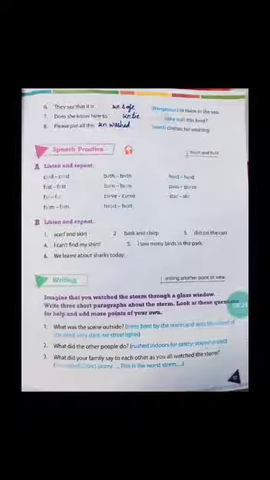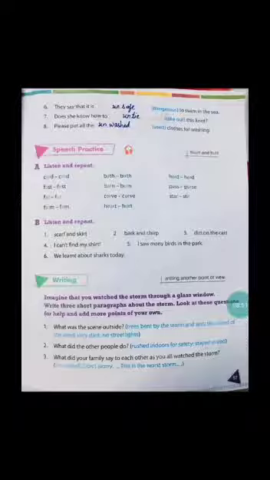B. Listen and repeat. 1. Scarf and skirt. 2. Bark and chirp. 3.